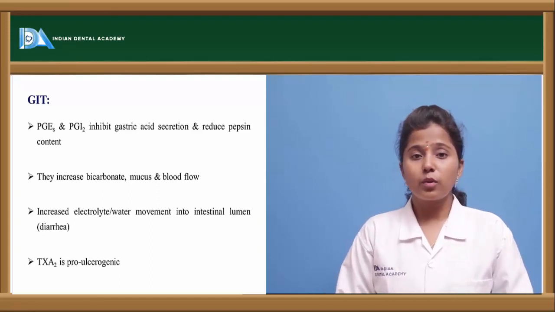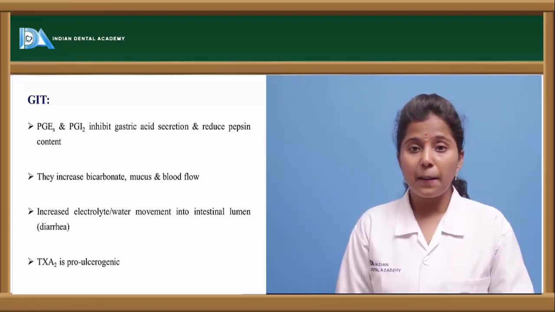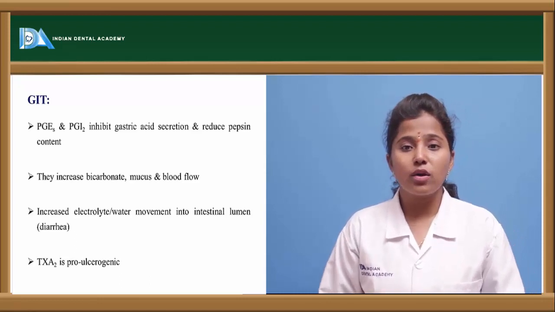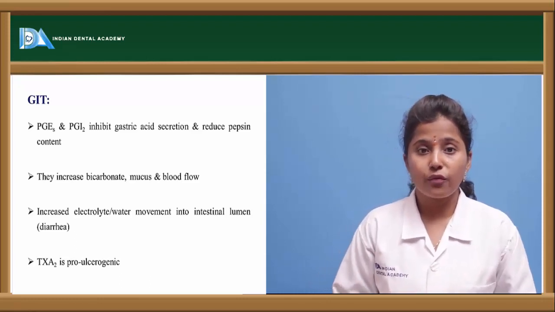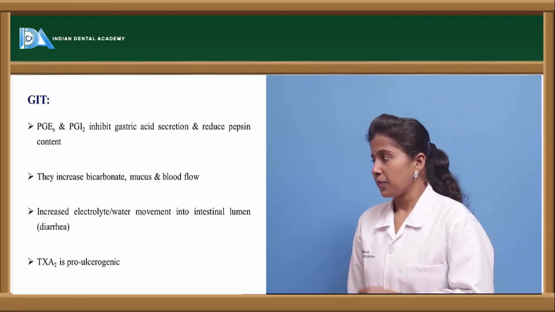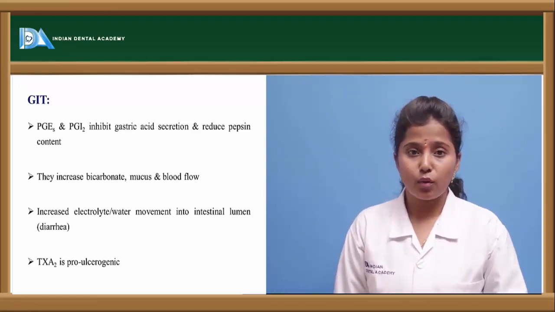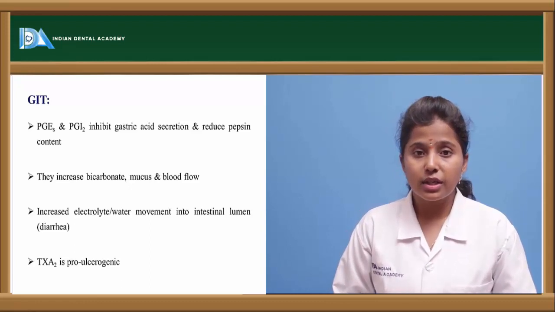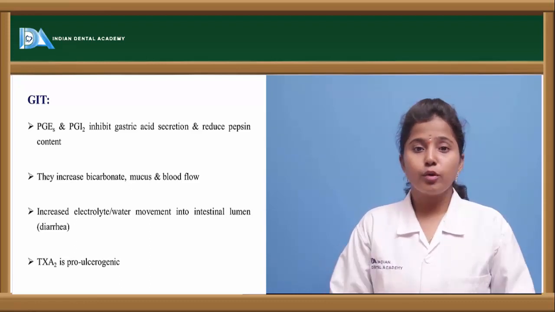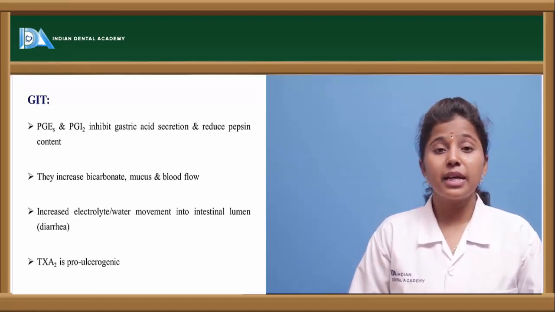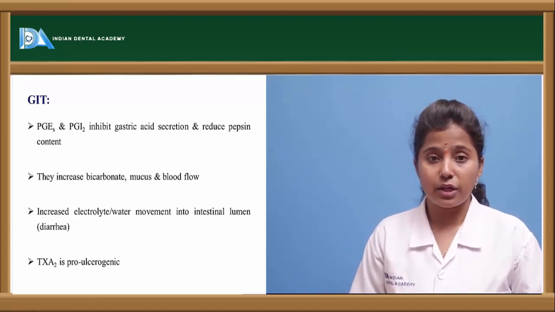But there are a few of the prostaglandins which act on the gut muscle, where they cause muscle relaxation of the GIT. So they increase bicarbonate, mucus as well as blood flow also. So mucus secretion is potentiated, and bicarbonate ion secretion is potentiated.